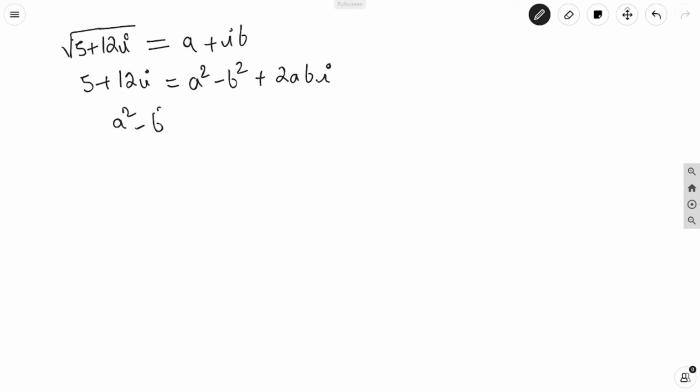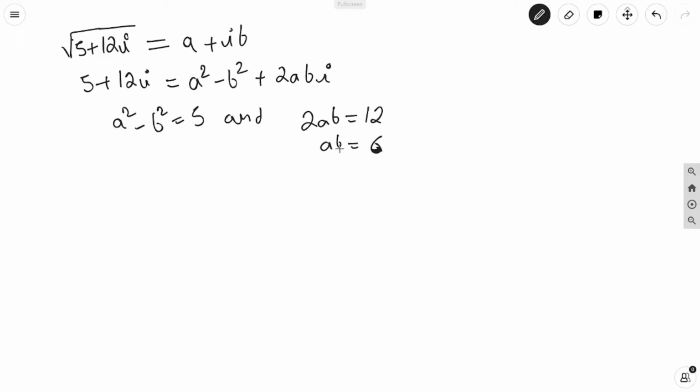So we get a square minus b square equal to 5 and 2ab equal to 12. So we get ab as 6 and a square minus b square as 5. So what do we have to do next?